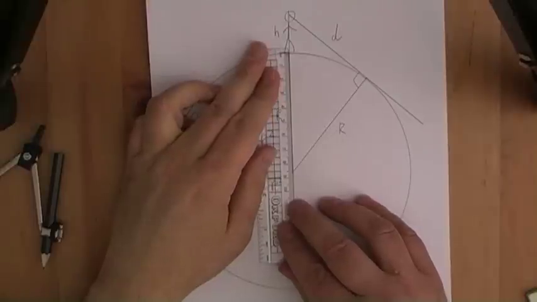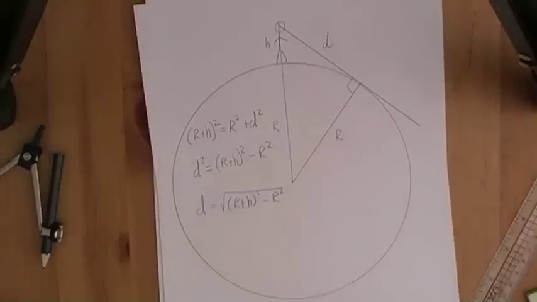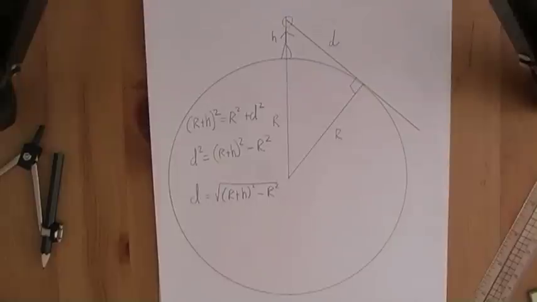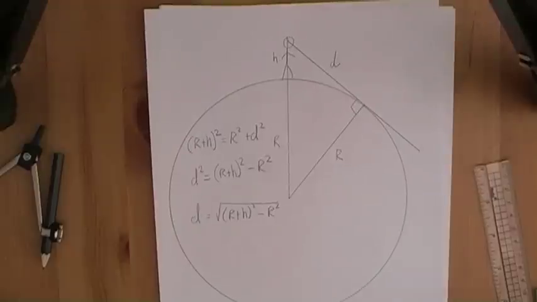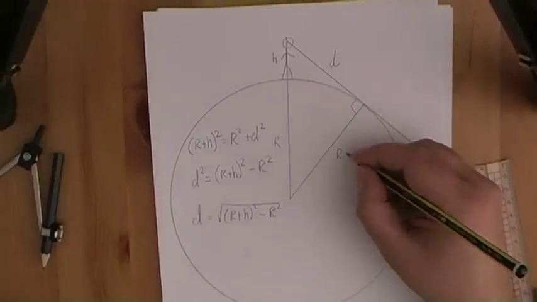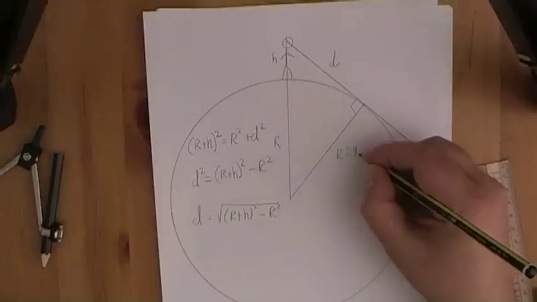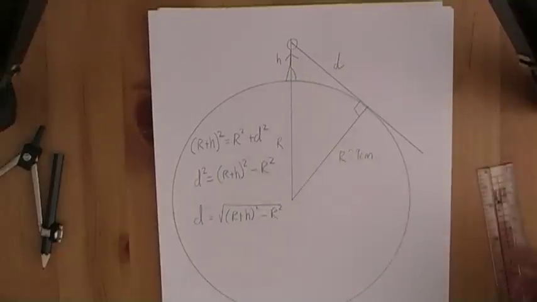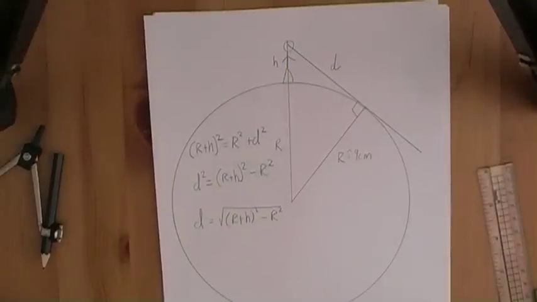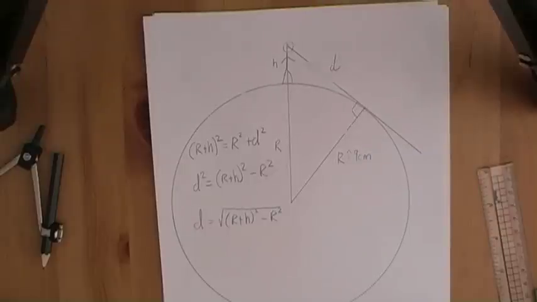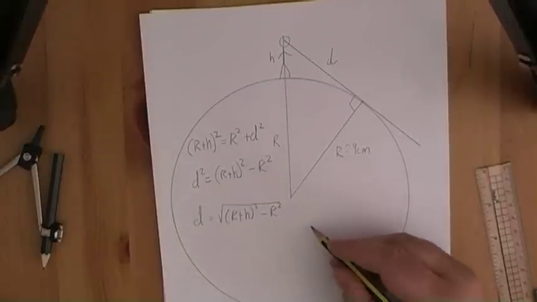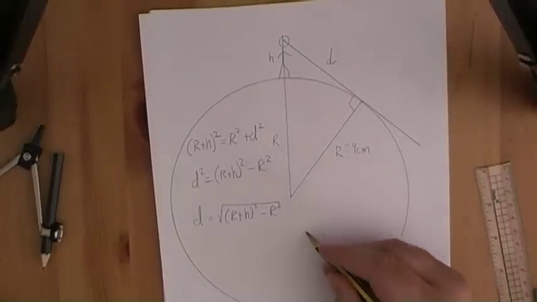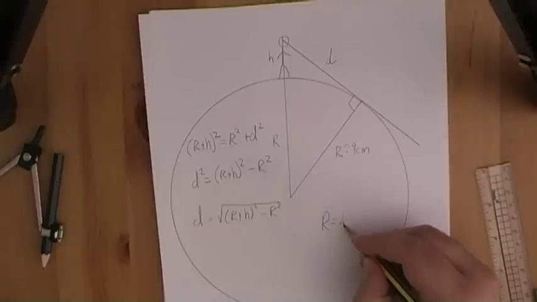I don't know, call it roughly 9 centimetres. So this has got a radius of roughly 9 centimetres. Now let's say we want to represent Mount Everest on this diagram. How big would it have to be? Well, the radius of the Earth is taken to be 4,000 miles. So R is taken to be 4,000 miles.